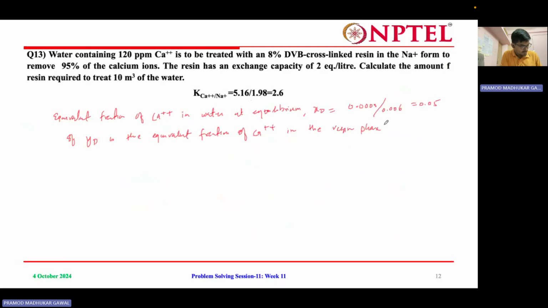now we have to use the equation YD over (1 minus YD) squared equal to K of Ca over Na times XD over (1 minus XD) squared, right?